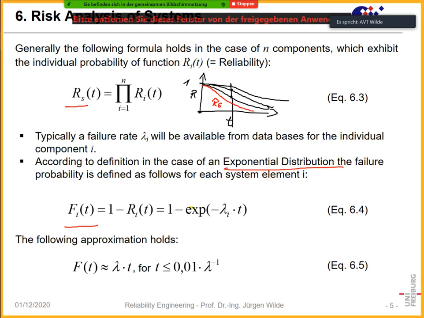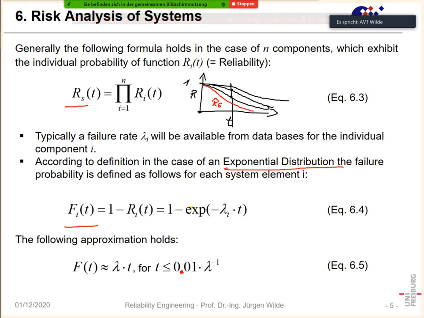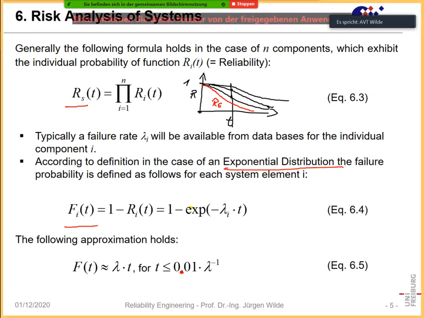Typically, when times are very short, for instance, when the time is roughly 1% of the inverse of the failure rate, then you can do an approximation that the failure function, or the total portion failed, is just the failure rate times time. If it is a longer time, you must take this explicit formula.